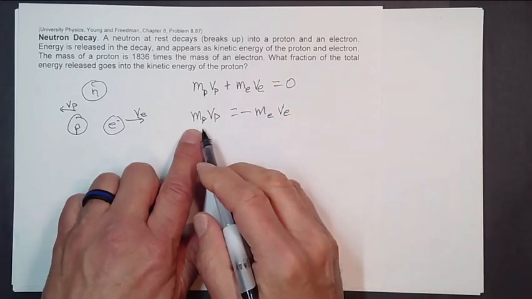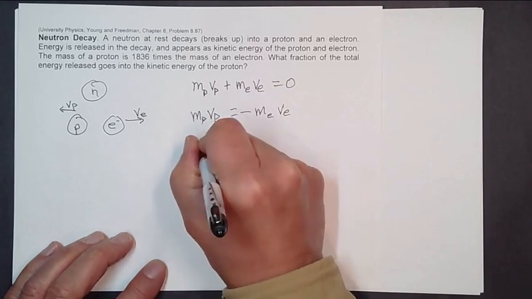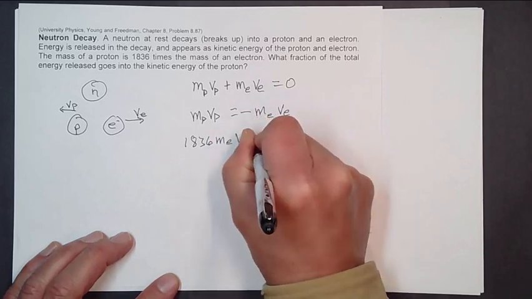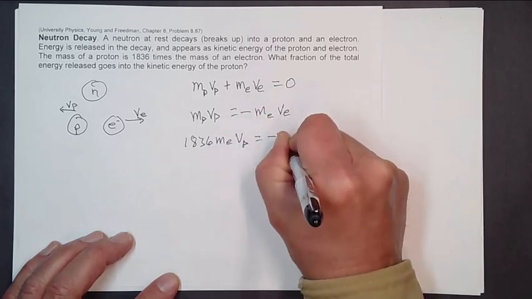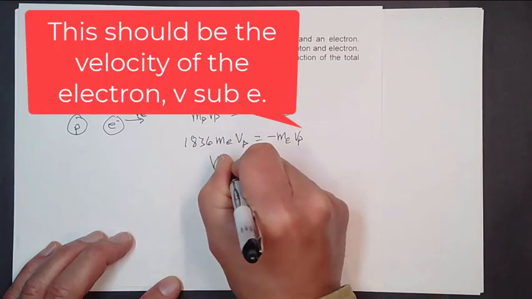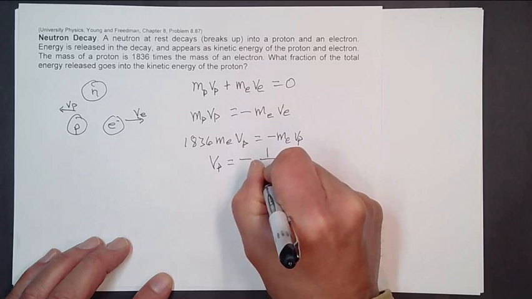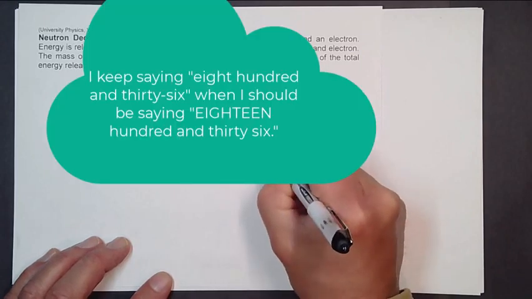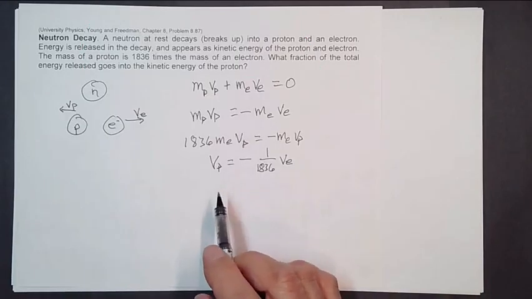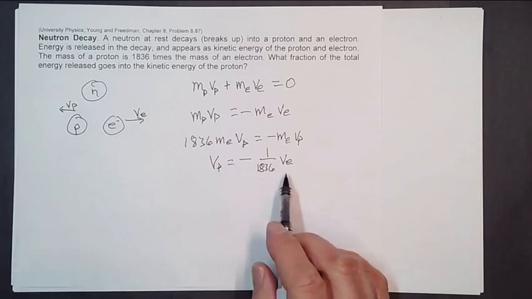Well, the mass of the proton is 1836 times the mass of the electron, so 1836 mass of the electron times Vp is going to be minus the mass of the electron times Ve. And what you find out is that the velocity of the proton is opposite that of the electron, but it's 1/1836th of the velocity of the electron. Or speed-wise, you could say that the proton's speed is 1/1836th the speed of the electron.